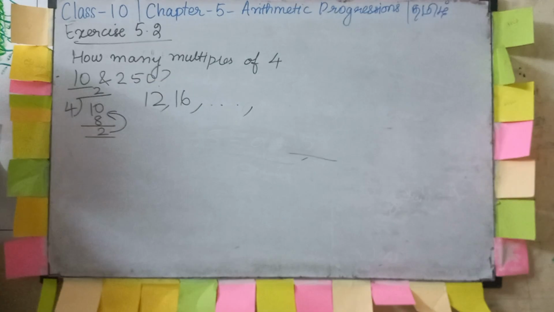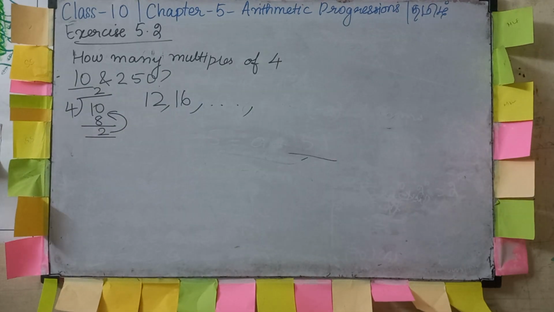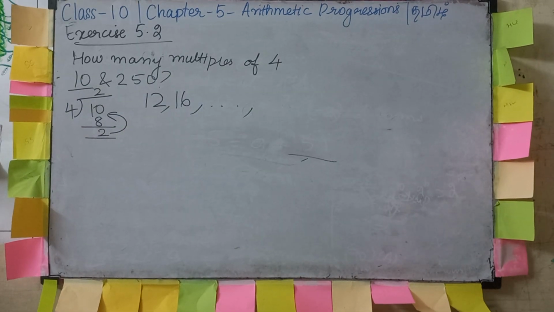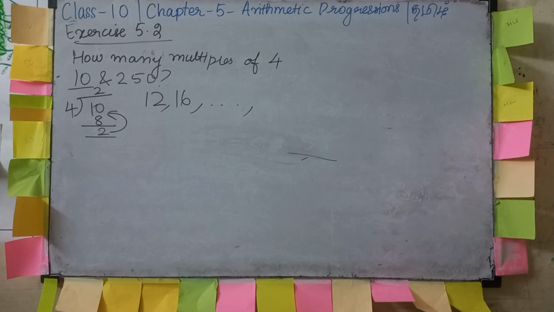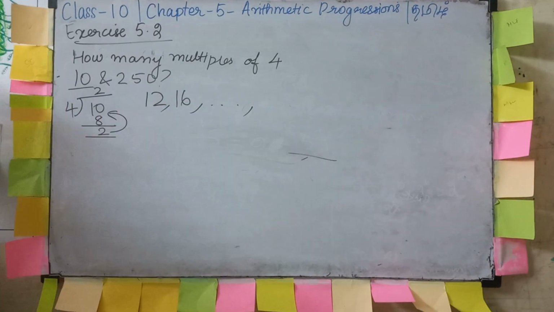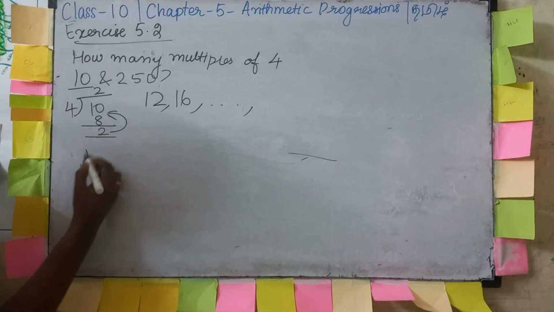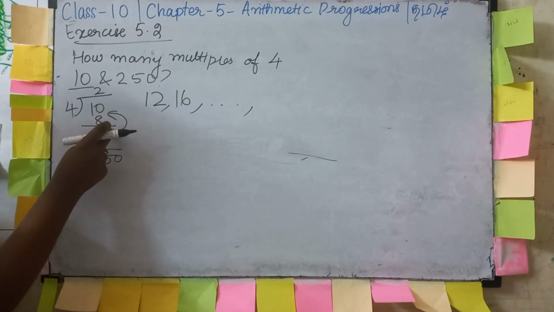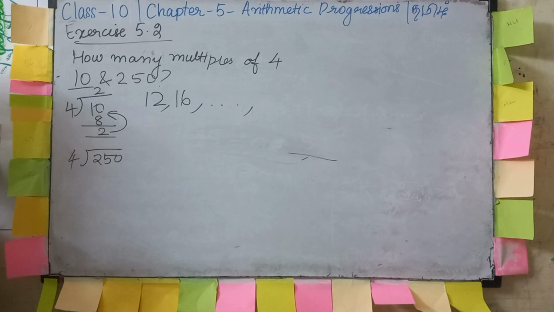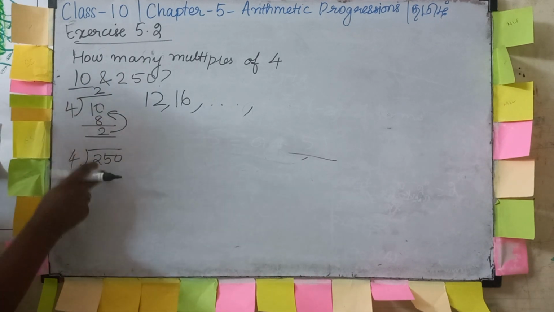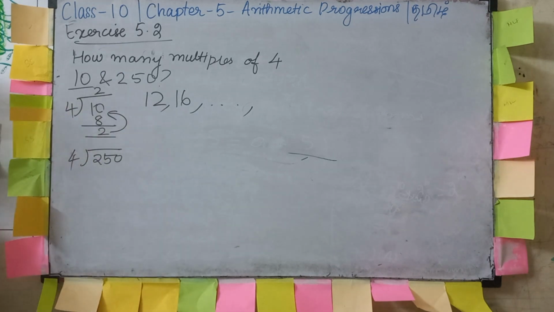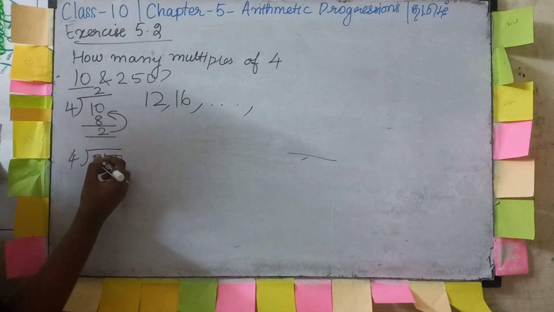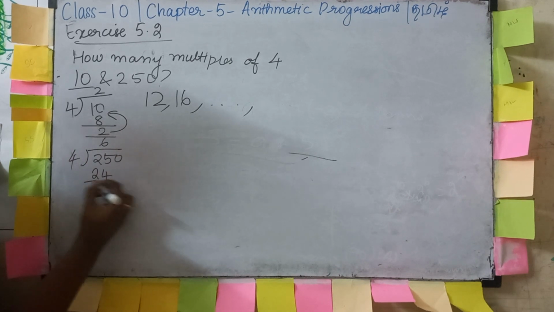What is the number that is just behind 250? So take 250 divided by 4. For the first number we add; for the last number we subtract. So we are going to find which number is nearest to 250. 4 6s are 24.